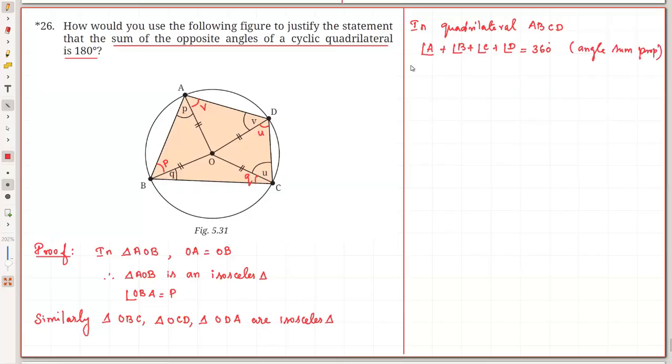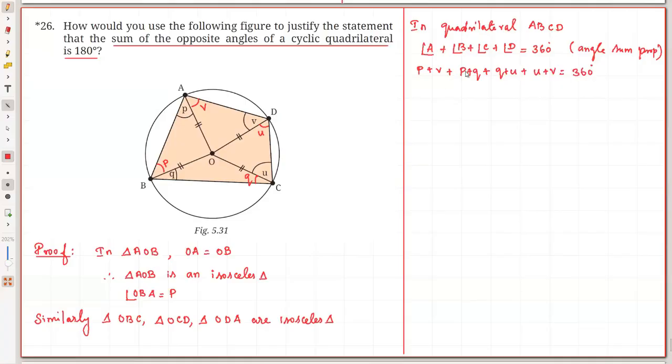So angle A, how can we write? Angle A is split into P plus V. Angle B is P plus Q. Angle C is Q plus U. Angle D is U plus V, and the total is equal to 360 degrees.